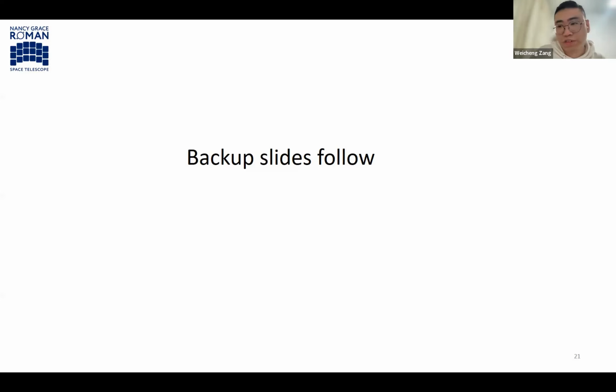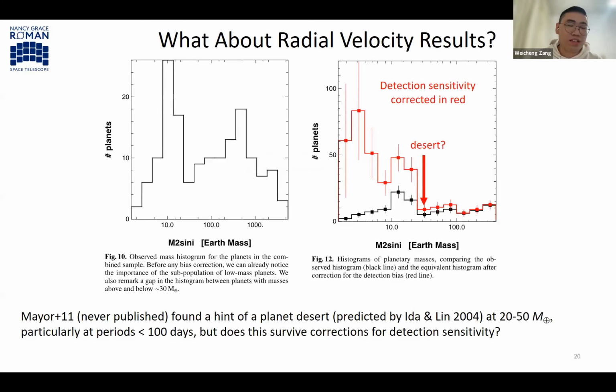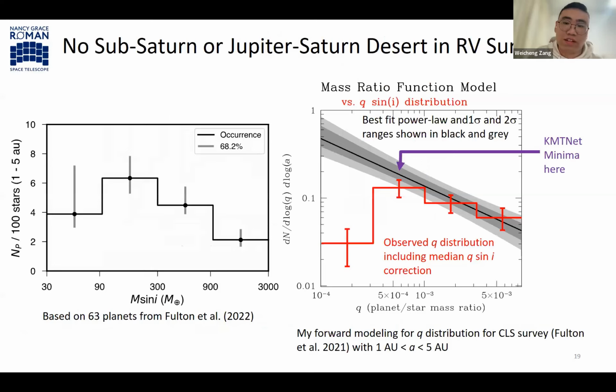If you go back to the radial velocity slide, you will see the deficit for the radial velocity study should go to the lower bin, 10 to the minus 4 to 3 times 10 to the minus 4. So it is actually consistent with the KMTNet result, as I already showed you in our emails.